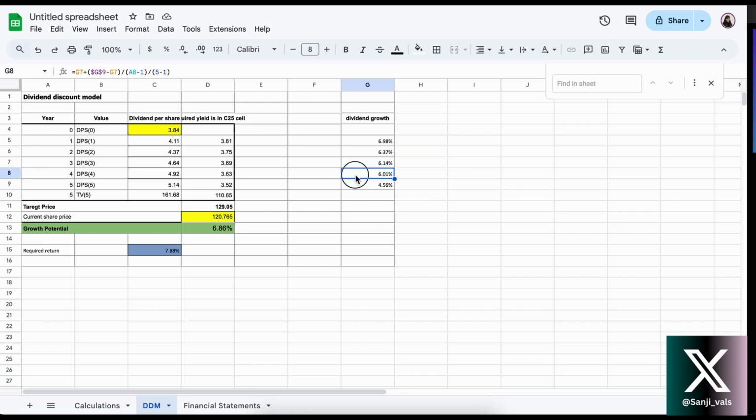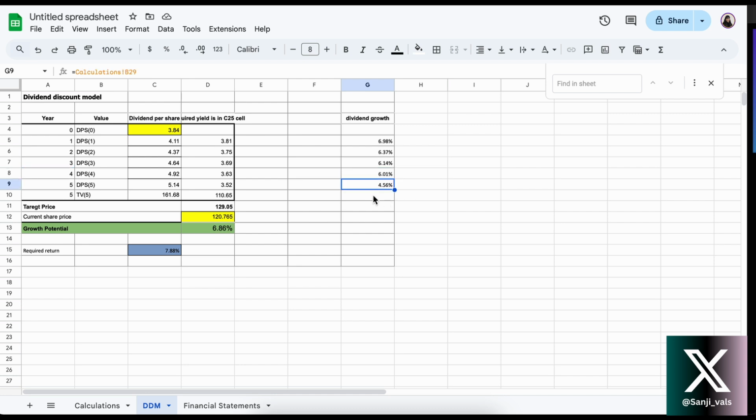And for the fourth year, you do almost the same calculation, only change the dividend growth rate. This time you take the dividend growth rate for the third year that we calculated, plus the dividend growth rate for the last year, minus the dividend growth rate for the third year, divided by 4 minus 1, divided by 5 minus 1.